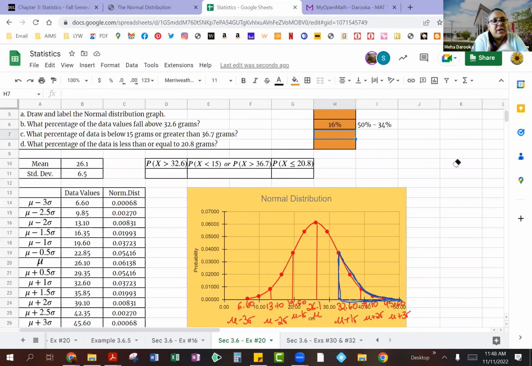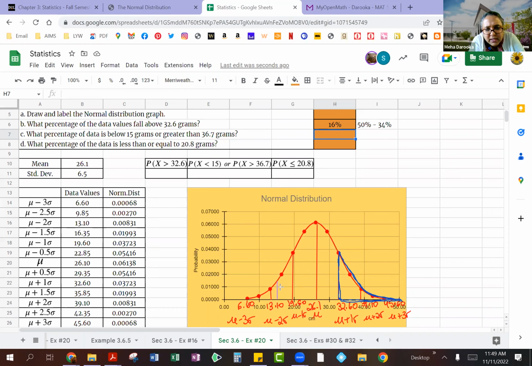Okay, the next one is asking us, what percentage of the data is below 15 grams? So below 15 grams. So 15, of course, has to be halfway between 10 and 20.